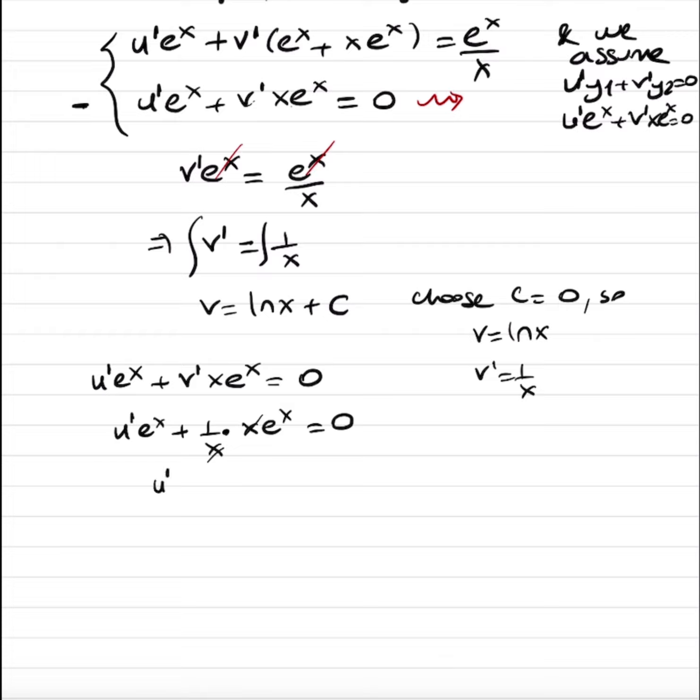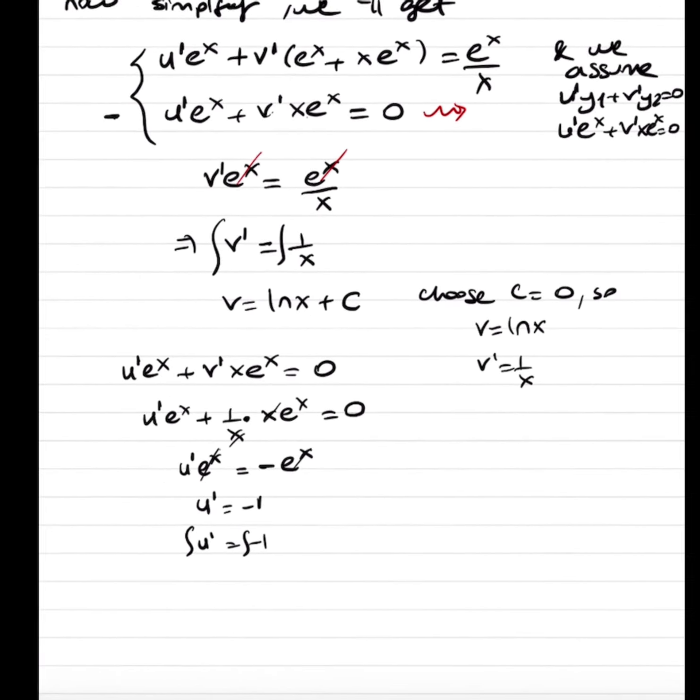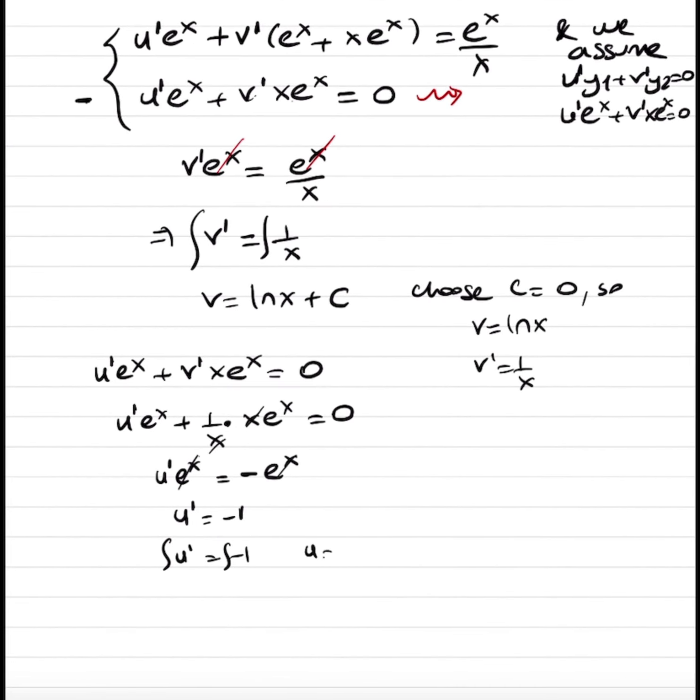So u prime e to the power x is equal to minus e to the power x. So u prime is equal to minus 1. Then what is u? Then u is equal to minus x plus c. Again, choose c to be 0 because we just want the simplest function.